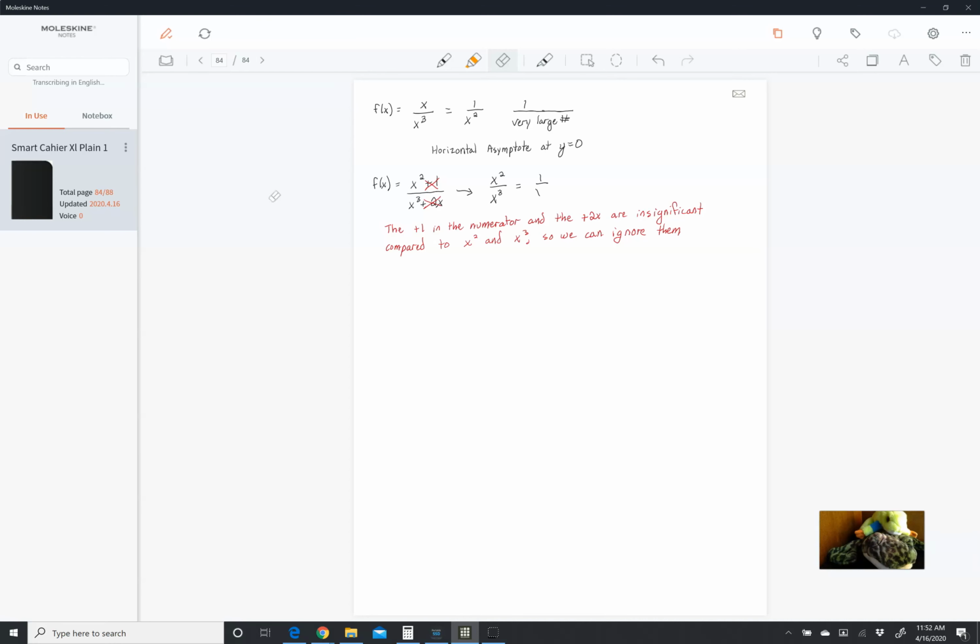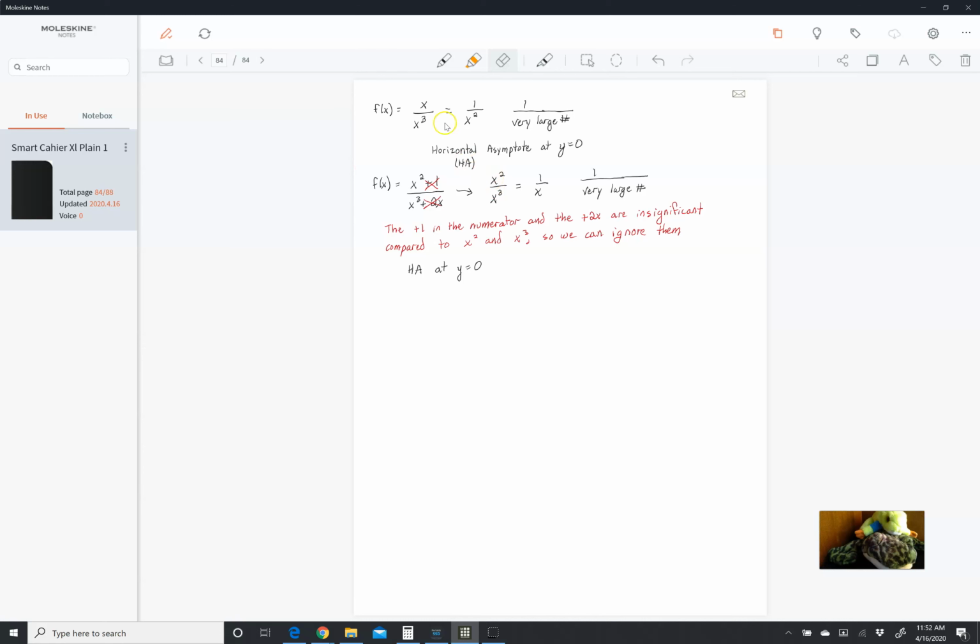But this simplifies down to 1 over x. And 1 over x, we know, is 1 over a very large number. So we have a horizontal asymptote, which I'm going to abbreviate as HA, at y equals 0 again.